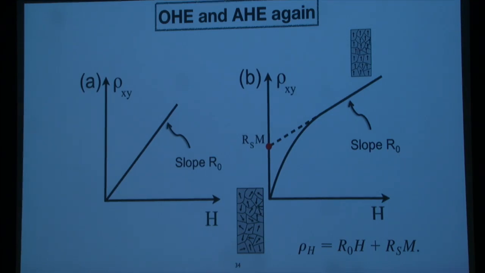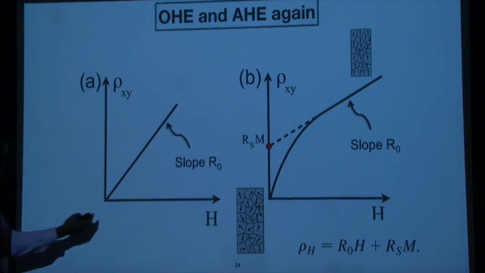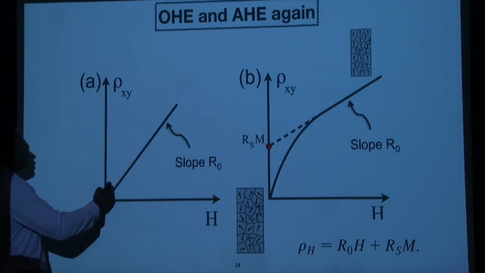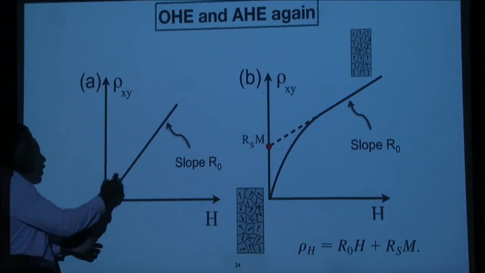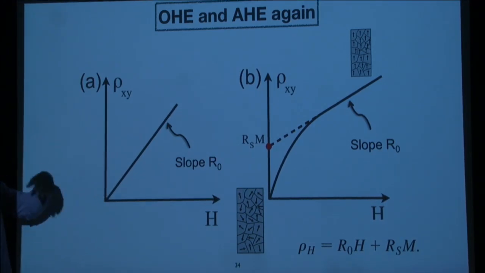Now I actually will talk a little bit more about the experimental part, where I was talking about this Hall effect. What happens if you have a metal and you apply a magnetic field? The resistance response, this resistance that you have that's perpendicular to the current you apply, is just linear in this case.